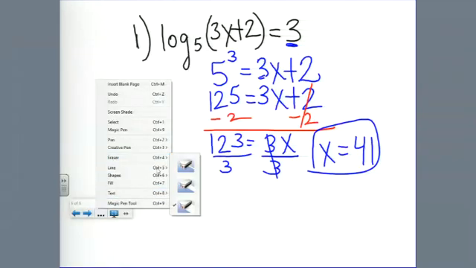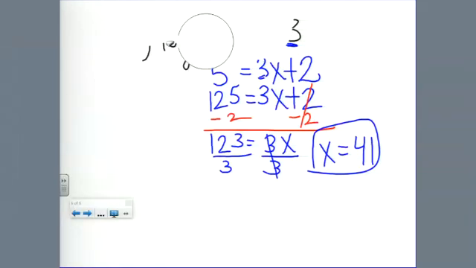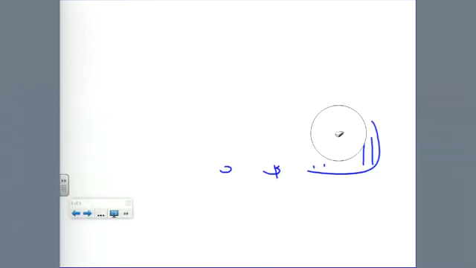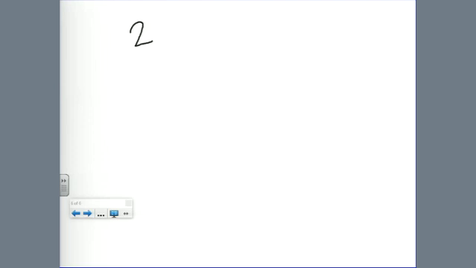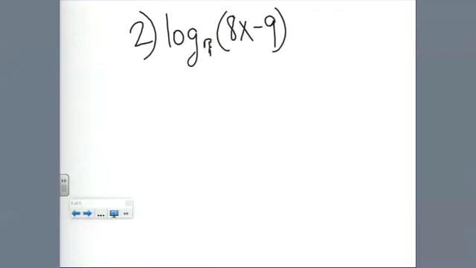Let's look at another log equation that we have to solve. Solve for x again. We have log base 7 of the function 8x minus 9, and that's equal to 2.